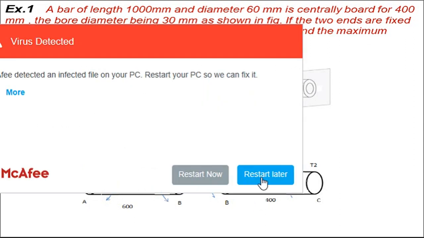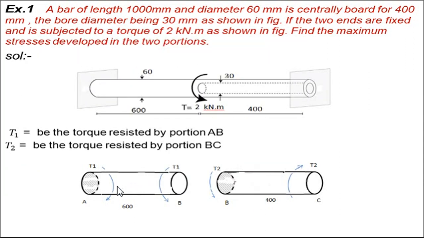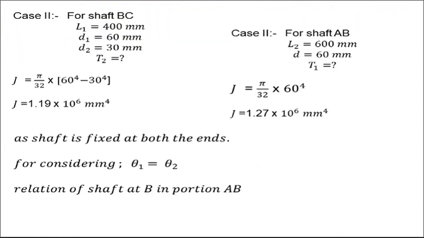So you can easily understand here that for the AB portion there is a torque applied at both of these ends, and the length of this shaft is 600, and for the BC portion the torque applied is T2 at both of these ends. So you can analyze what torque is resisted at both ends.